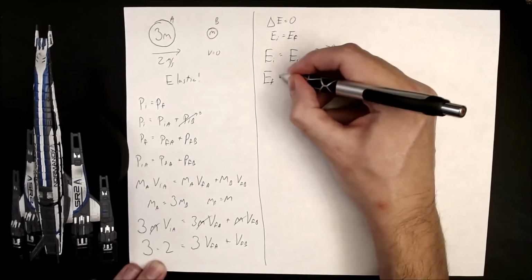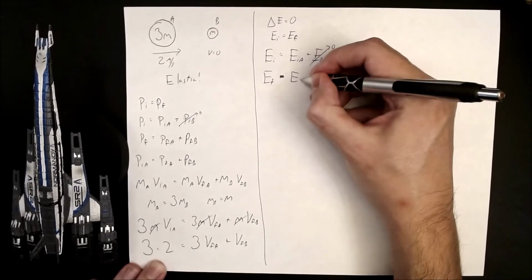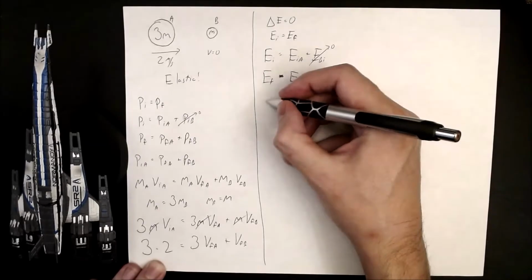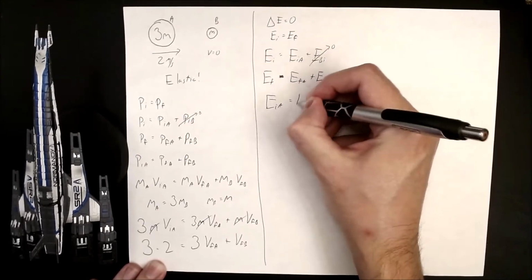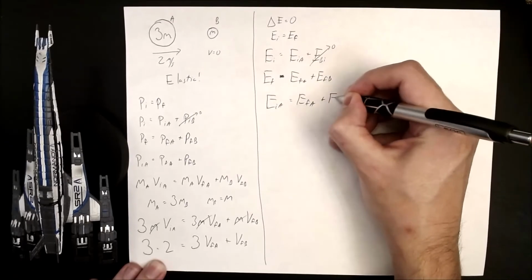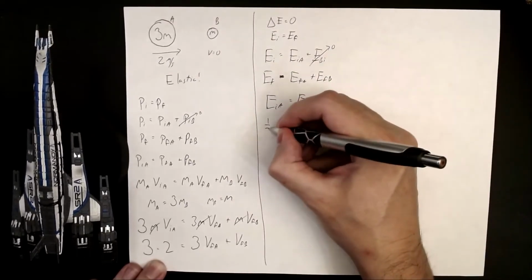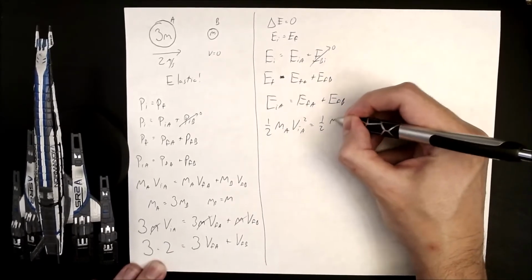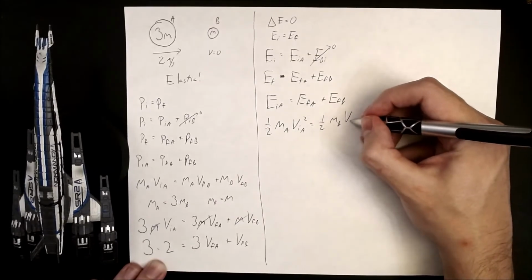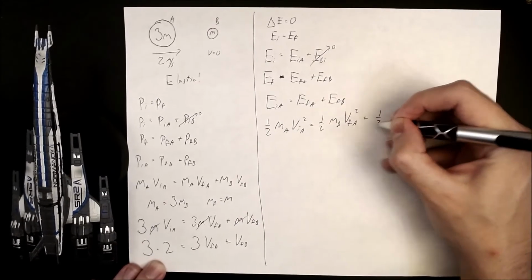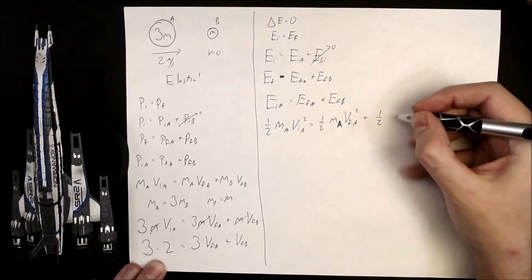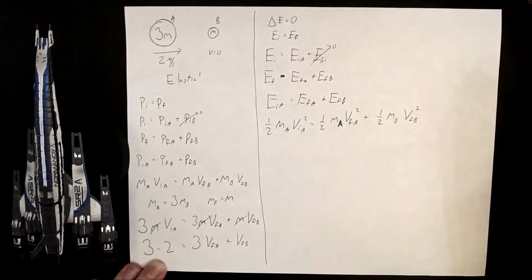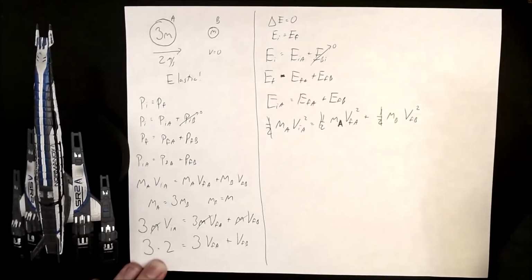Energy final is going to be the energy final A plus energy final B. And then we can just say that energy initial A is equal to energy final A plus energy final B. 1/2 m A v initial A squared is equal to 1/2 m A v final A squared plus 1/2, oh, that's not a B, that's an A. What am I doing? Mass B, there we are, v final B squared.